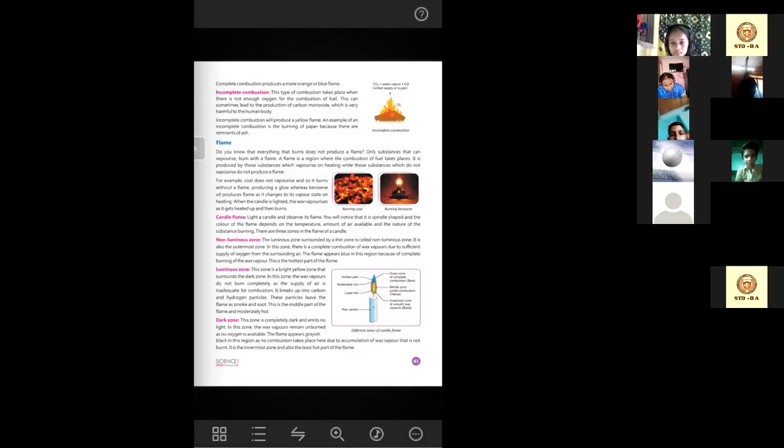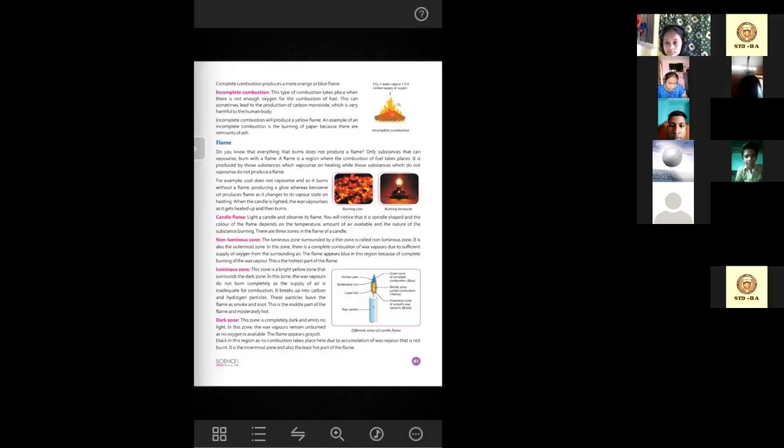They do it very quickly. How do they do it? They avoid the non-luminous and luminous zones and very quickly hit the dark zone directly. This is why they don't get burnt. In the dark zone, no burning occurs.